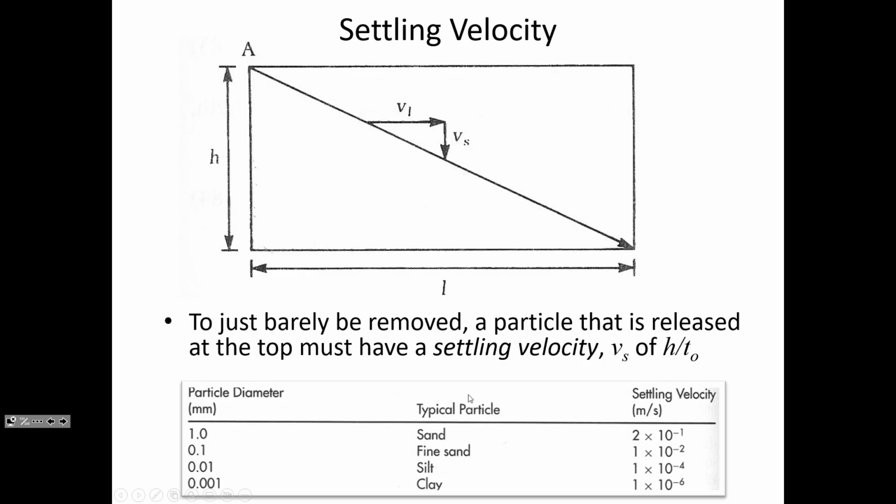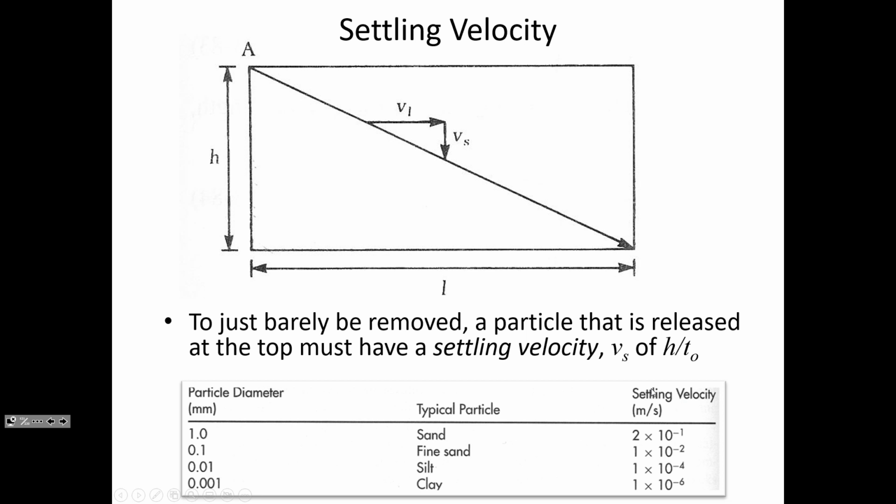So let's talk about the settling velocity and some of the factors that determine that. It depends on the density of the particle, it depends on the fluid characteristics, and it depends on the diameter of the particle. And so those are the main factors that determine how quickly something settles downward.